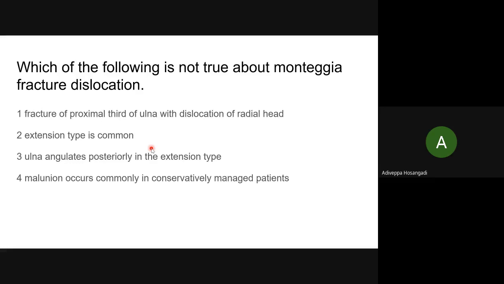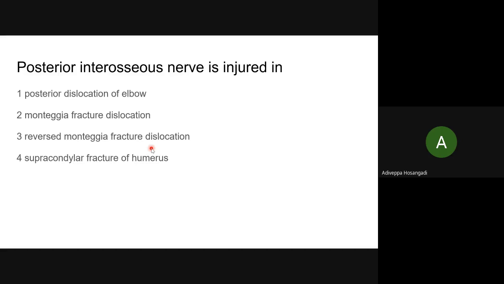Okay? Yes, sir. Right. Posterior interosseous nerve is injured in Monteggia fracture dislocation.